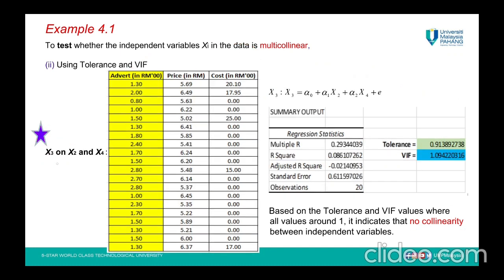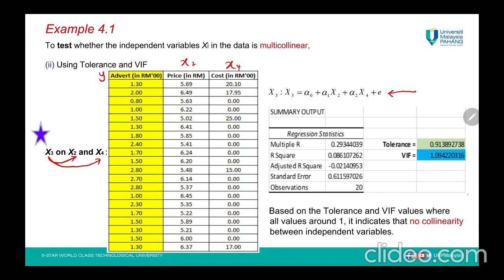Similarly, we repeat the same step to check collinearity for x3 on x2 and x4. Now Edward will be y, price will be x2 and cost will be x4, where the regression equation now will be like this.